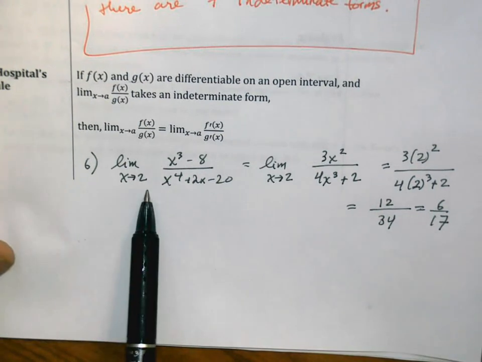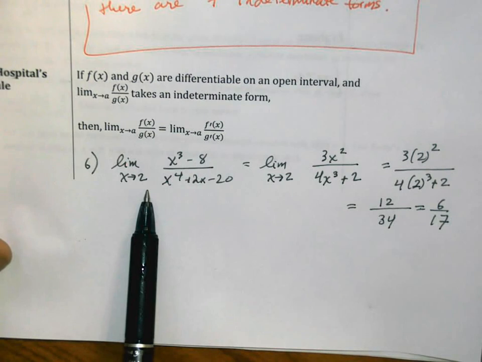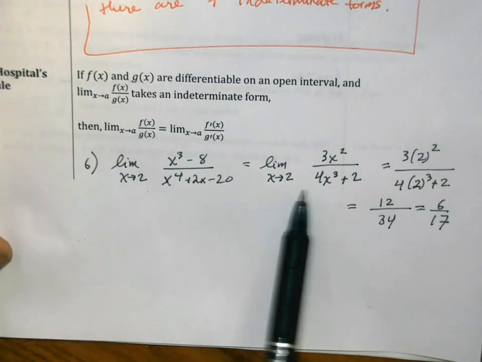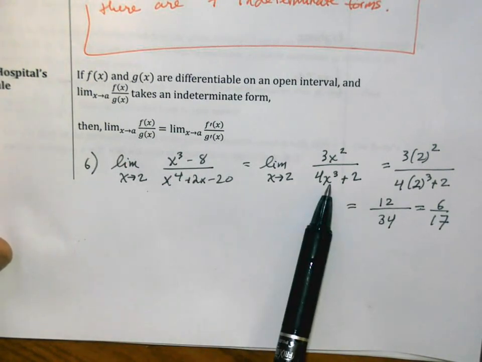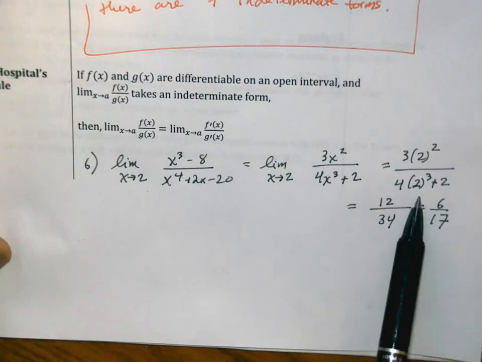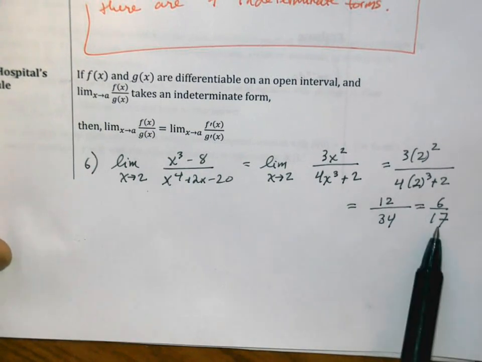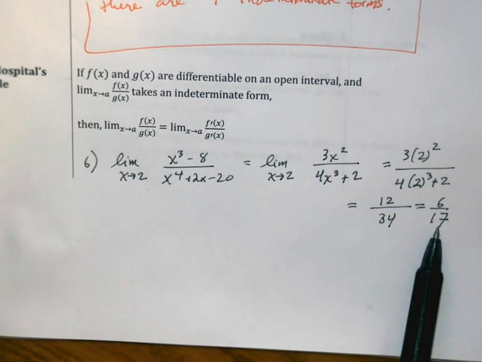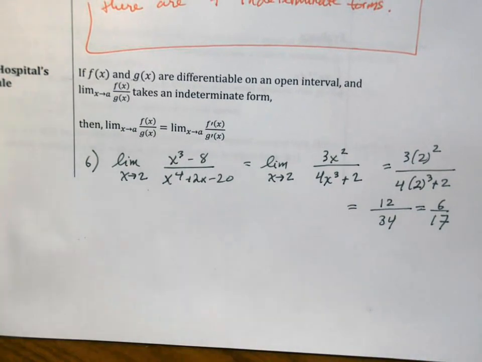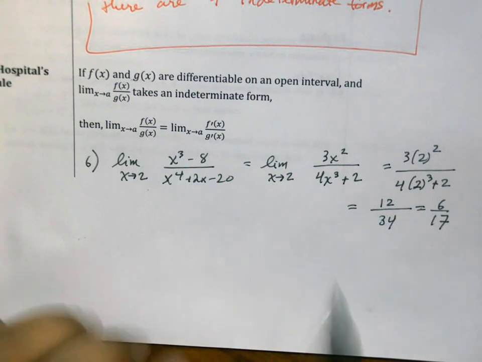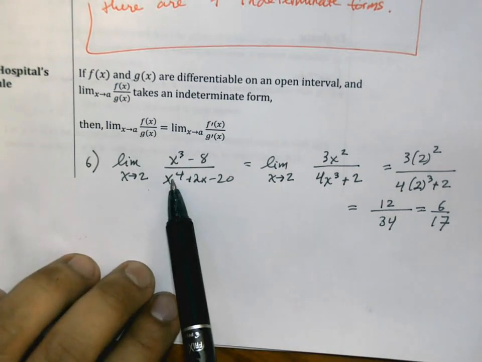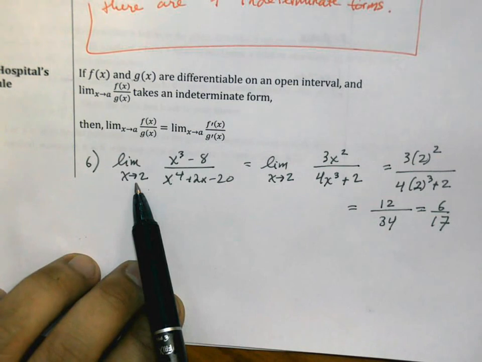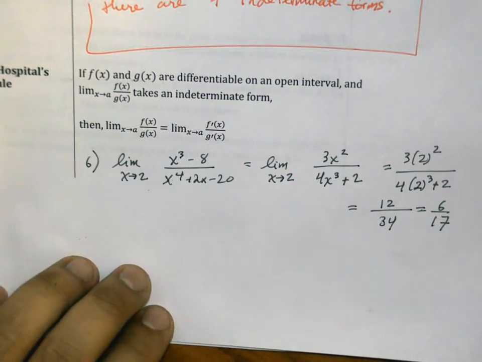We started out with a limit that had indeterminate form, so we take the derivative of the numerator and denominator and try direct substitution again, and in this case we get a pretty nice simple answer. I also want to point out that you cannot use the idea of pulling out leading terms here, because the limit is not going towards infinity, the limit is going towards 2.